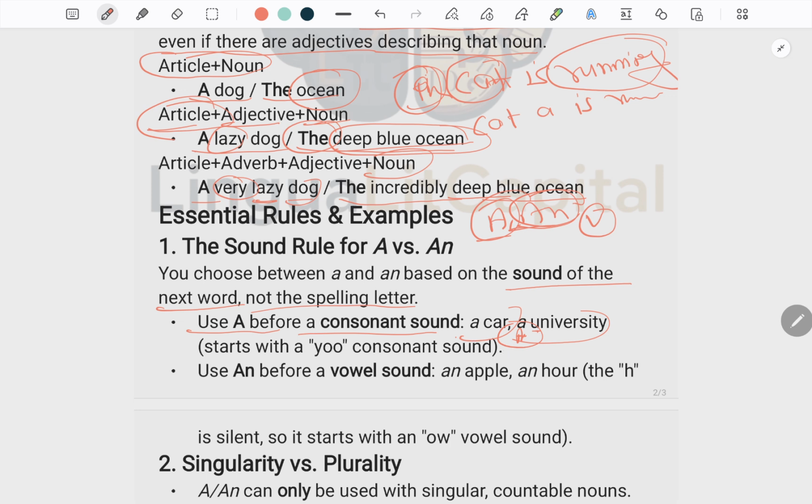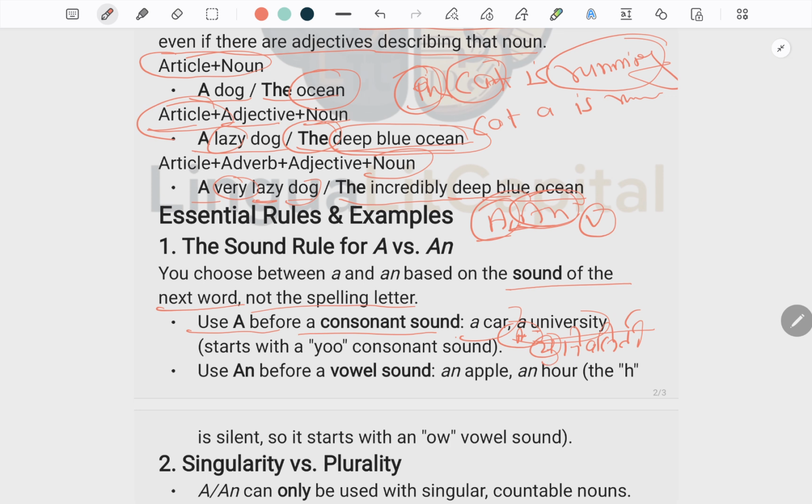Why? The main reason is that when you pronounce university, it starts with a y sound, which is known to be a consonant.